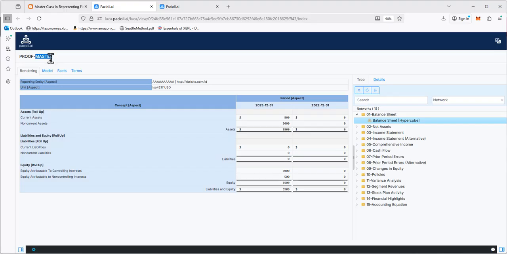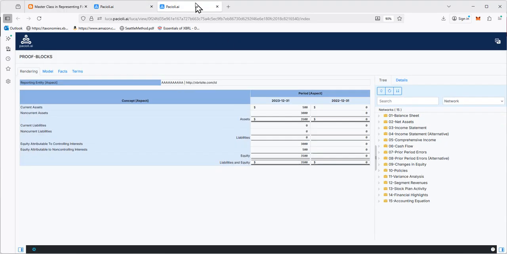This is the proof master, and here is an abstract concept. Assets roll up, liabilities and equity roll up, liabilities roll up, equity roll up. Okay? If you look at this proof blocks representation, you see the same information, but there are no containers that hold these basically roll-ups.